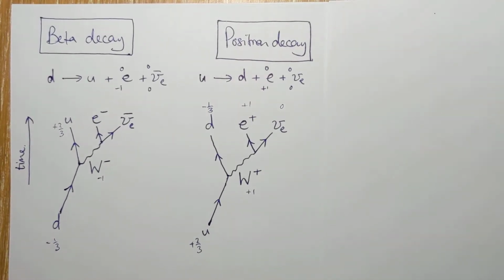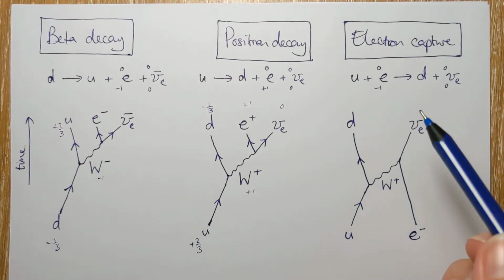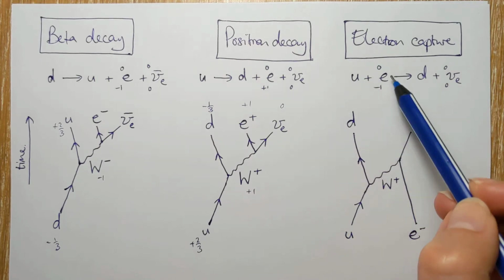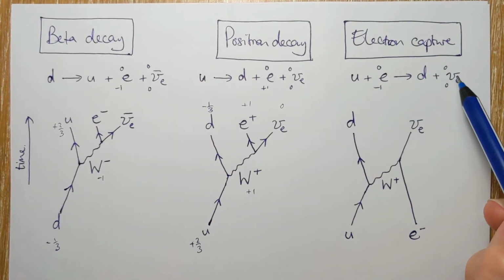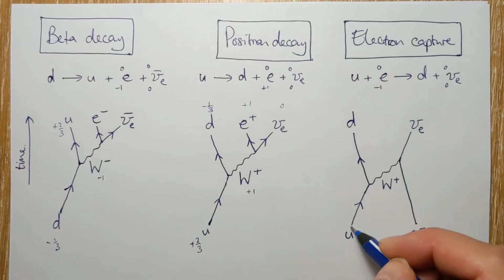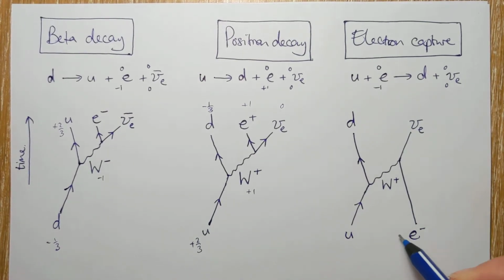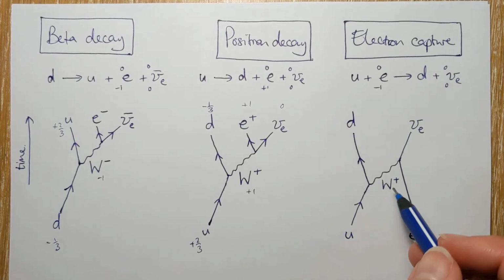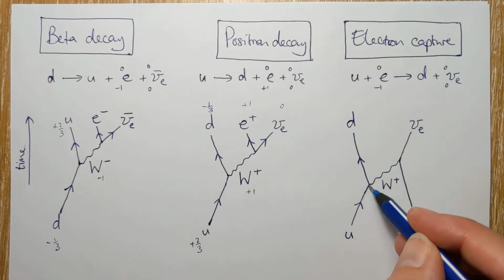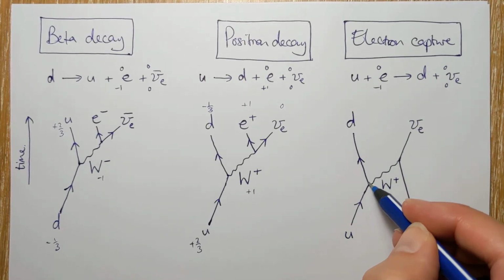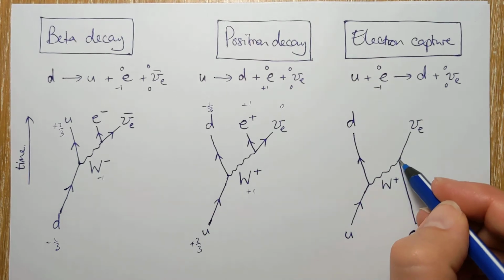Okay, and lastly, electron capture. Now this one's slightly different because this time we've got two particles interacting, and that turns them into these other two particles. So this time we draw our up. Now it doesn't matter which of these you draw first, but it will change which W boson you've got in the middle. So I've got my up interacting first. So the up is going to turn into a down and a W plus.